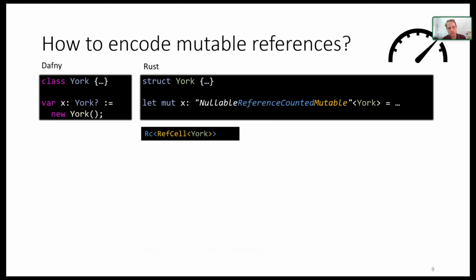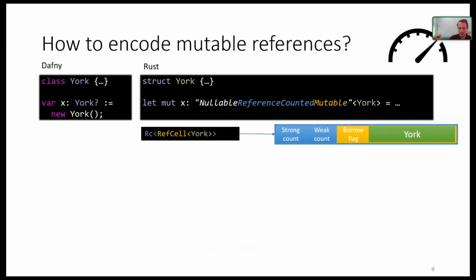The reference counted part is called Rc, the mutable one is called RefCell in Rust, and the York. And here's how it's laid out in memory. It's very interesting. In memory, if you look at the heap, what the pointer points to is a strong count, a weak count, then a borrow flag, and then the actual data of the York class.